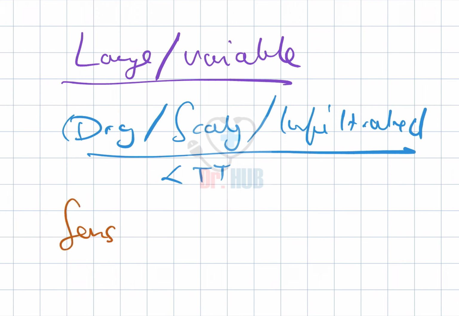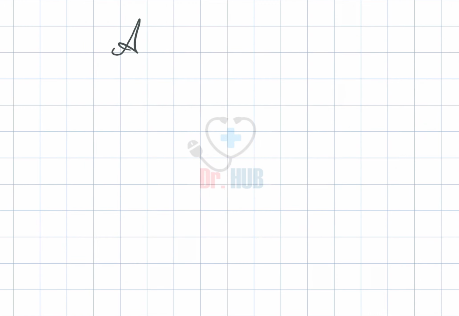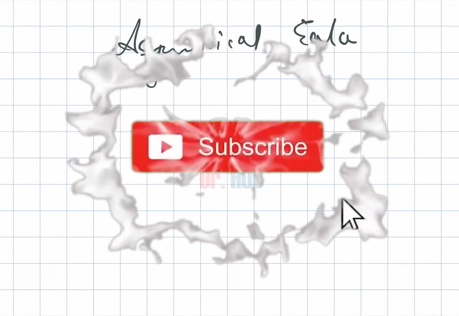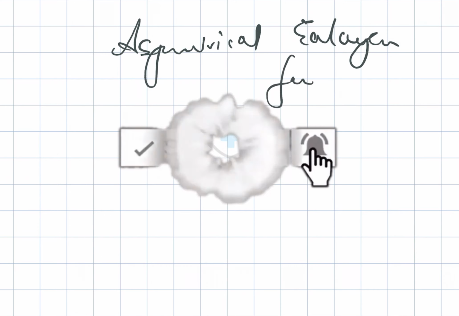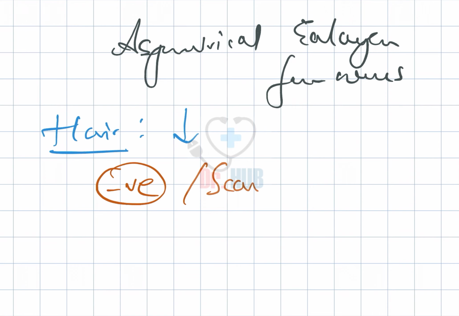Looking at the sensations, they are diminished slightly. The peripheral nerves are asymmetrical, with enlargement of a few nerves. Looking at hair, it is diminished. Bacteriology on split skin smear is negative, or there are scanty bacilli.